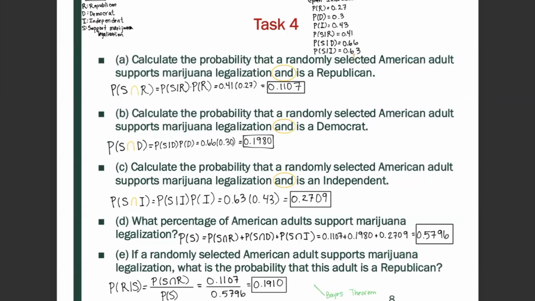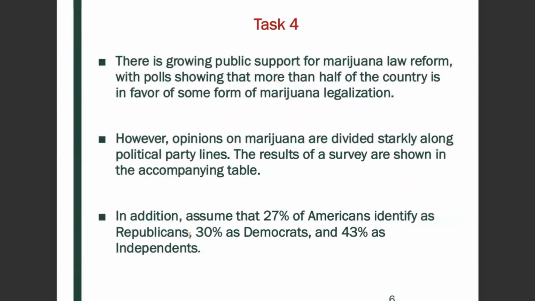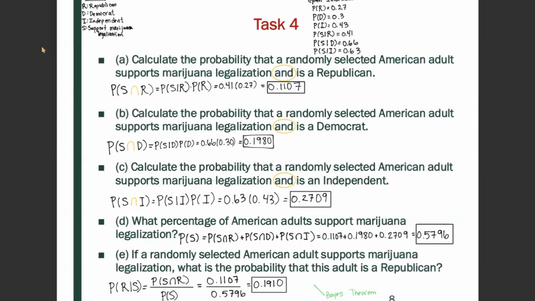So here I listed this under the given information, and then I also included in the given information the probability that someone's a Republican, Democrat, or Independent. That was given here. And the events are defined on the left here. So R is Republican, D is Democrat, I is Independent, and S is support marijuana legalization.